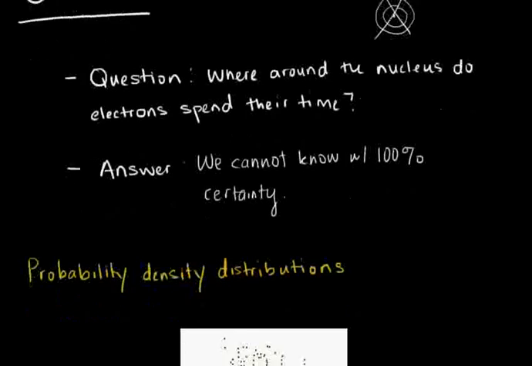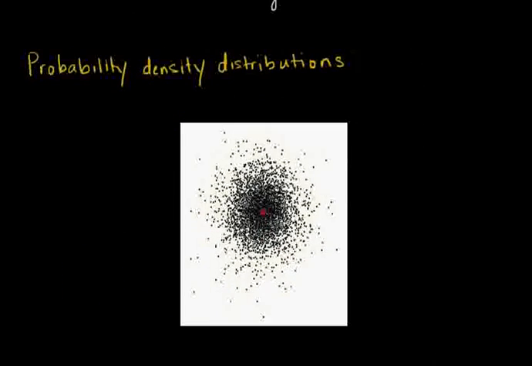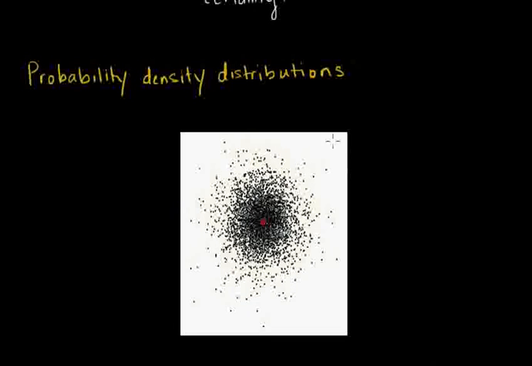What we can do is describe where electrons are likely to be at any given time using what are called probability density distributions. And this sounds like really advanced college level stuff, and it really is, but we can look at it with a fairly simple framework to understand what it's saying.